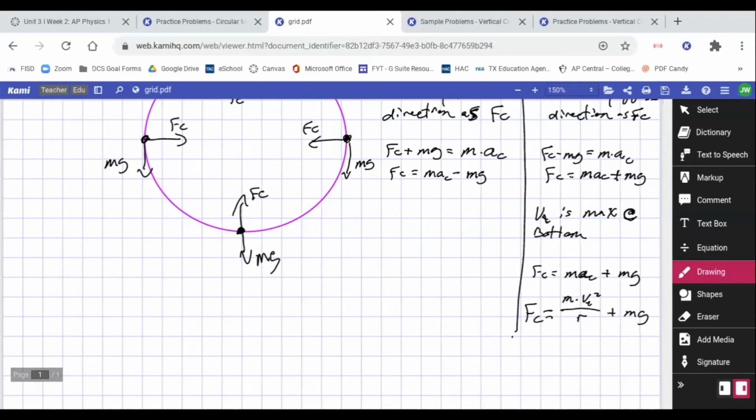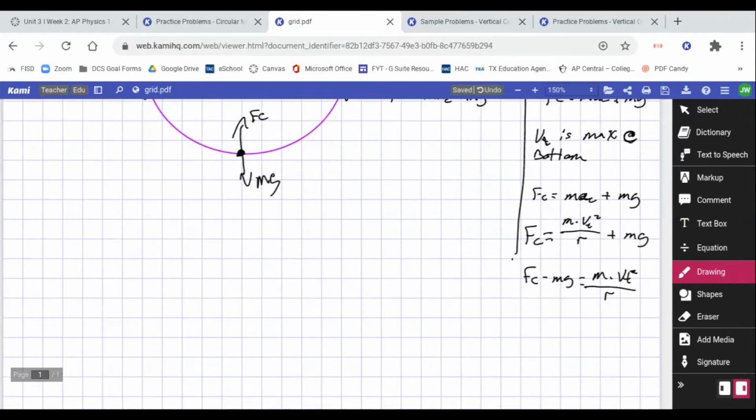So I could have Fc minus mg is equal to m times vt squared over r. Multiply both sides by r, and I get r times Fc minus mg is equal to m times vt squared.